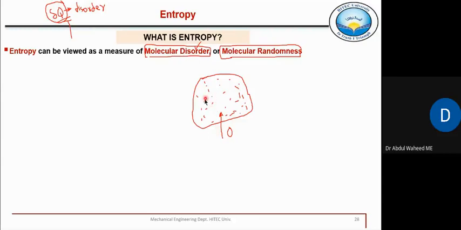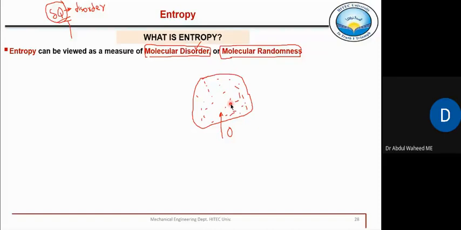So there are an infinite number of microscopic states possible for this system. So the total number of possible microscopic states of that system is known as entropy with reference to statistical thermodynamics.